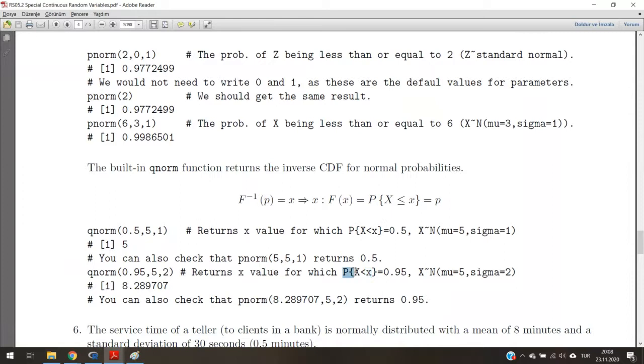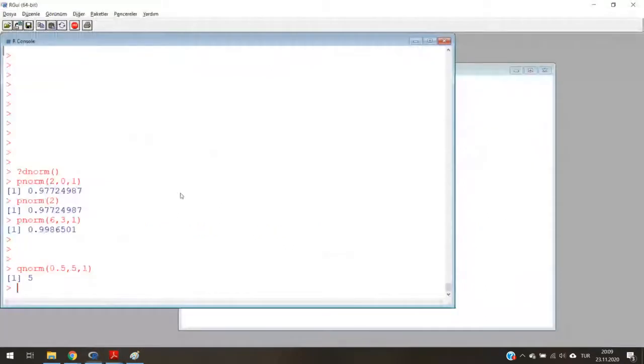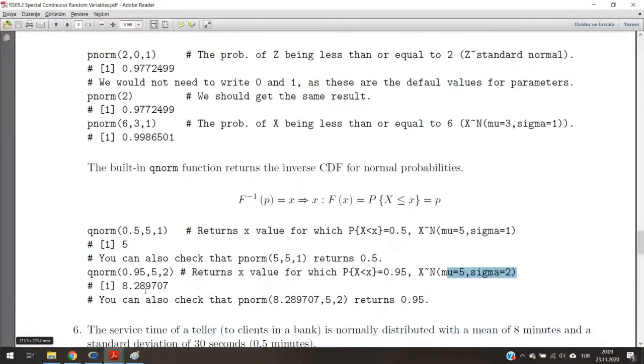So we are basically asking this cumulative probability to be equal to 0.95, which means we are asking the inverse CDF at 0.95 with this parameter setting. Therefore, we need to write Q norm 0.95, and the location parameter will be 5, and the scale parameter will be 2, and that value is 8.29 approximately.